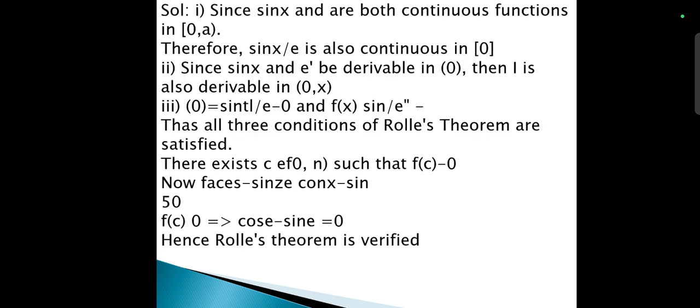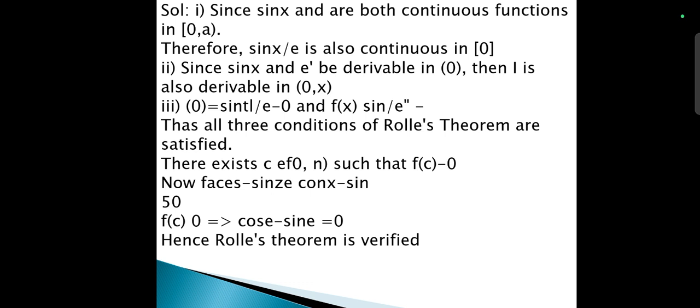Since sin x and e power x are both continuous functions in 0 to pi, therefore sin x times e power x is continuous. Sin x and e power x are derivable, so the product is also derivable. f of 0 and f of pi are both equal to 0.